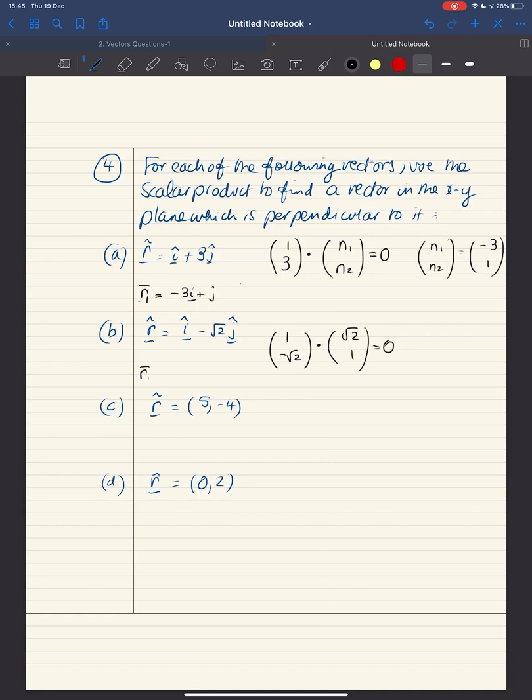R1 for this one is root 2i plus j. So this one, we can go straight in and write it out. It's going to be, swap, 4i plus 5j, change the sign of one of them. And R1 for this one is going to be minus 2i. Okay, just plug in here again.